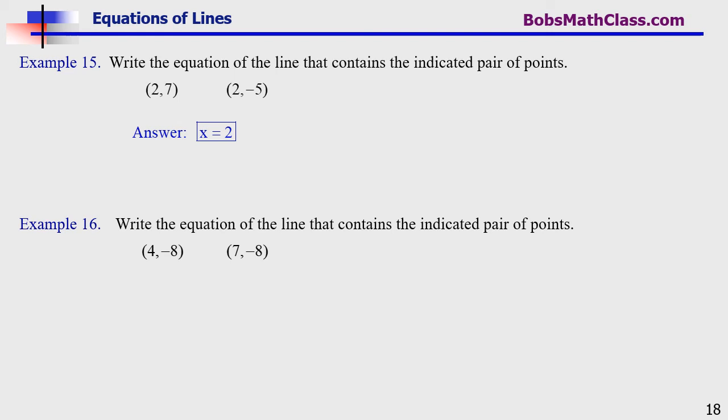How about the next one, example 16? Are the x's the same? No, not this time, right? Are the y's the same? Yeah. So what's our answer? y equals -8. Yeah, that's not too bad, right?